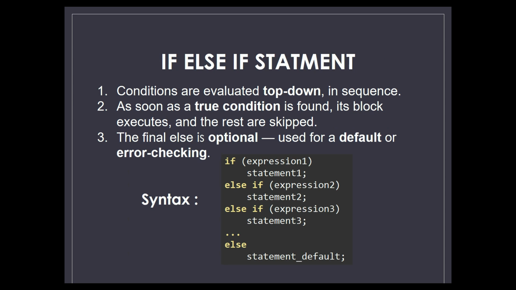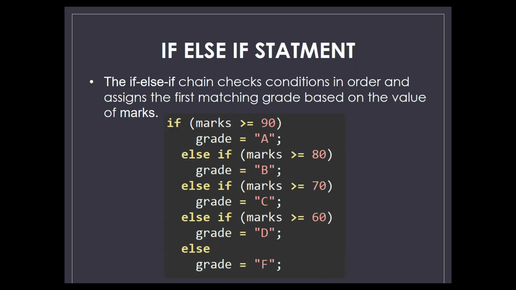So that makes it easier to understand and maintain in future. If you don't have anything to write in the final else block, then you can have a default or error checking statement, for example, something like this.